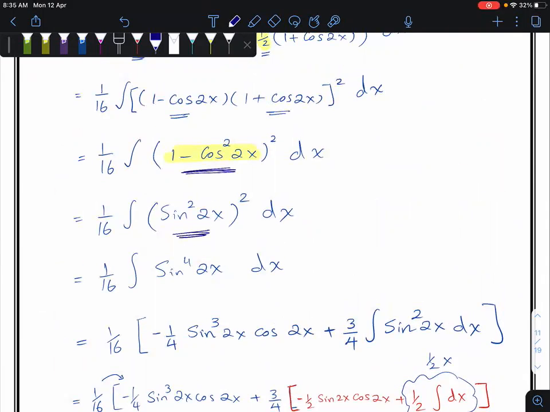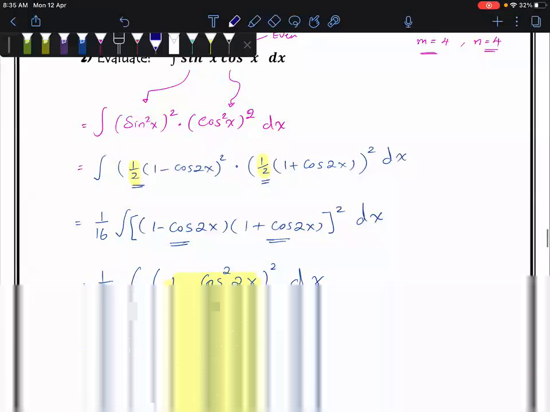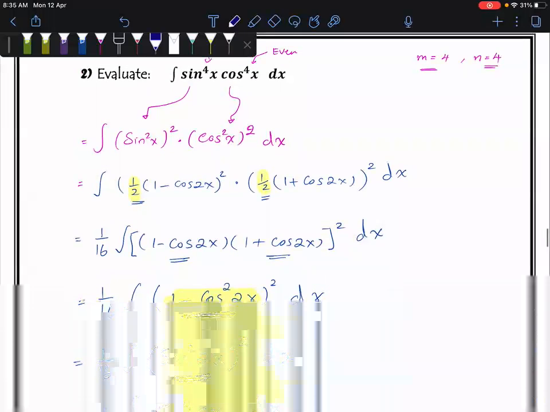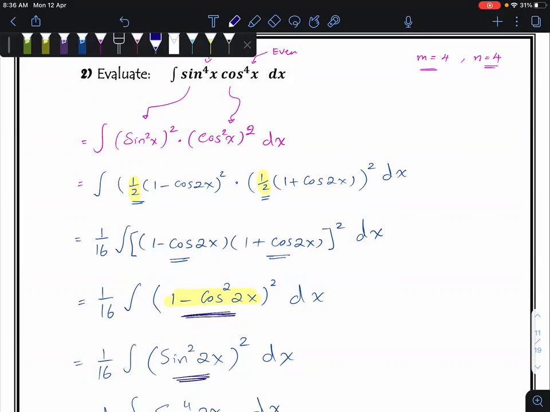Here I want to know from where did we bring the half? You know that sine squared x is half minus half cosine 2x, and cosine squared x is half plus half cosine 2x. But I wrote it as half into 1 plus cosine 2x, because I'd like to take this half out. It will be a quarter, because there is a square here and a square here.